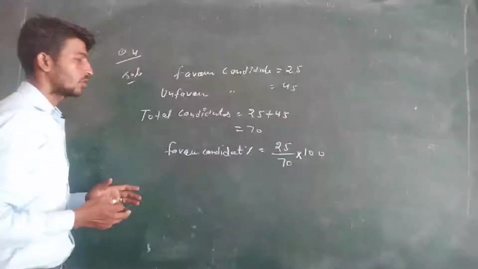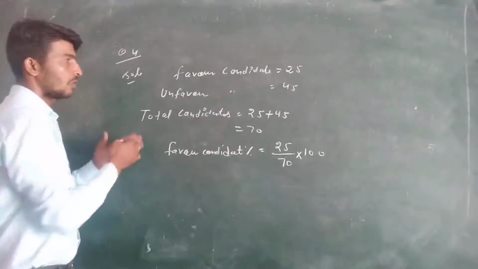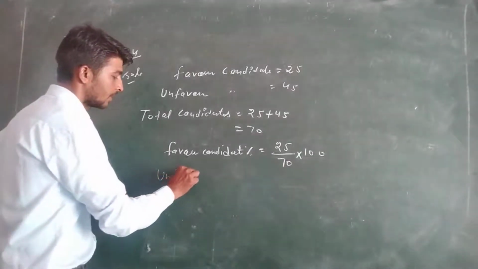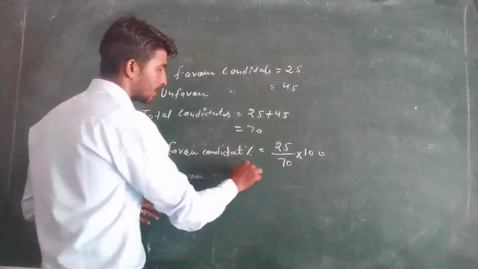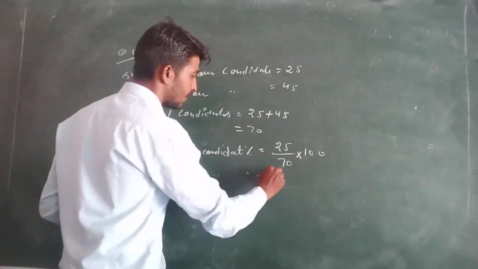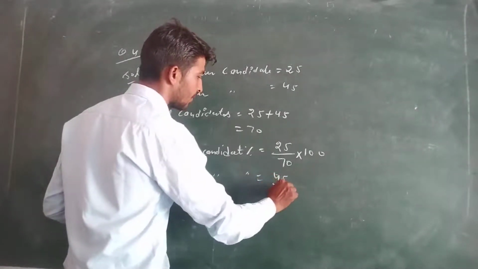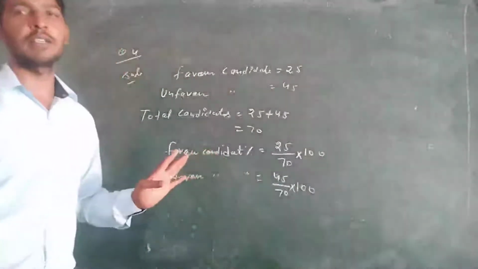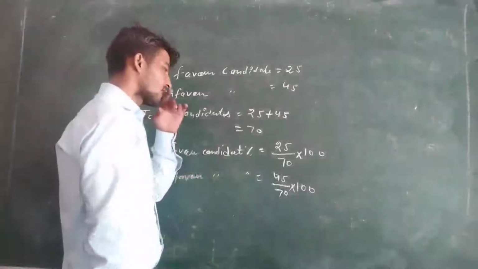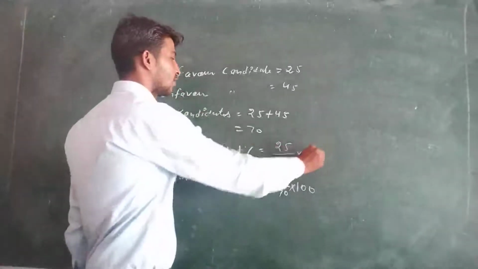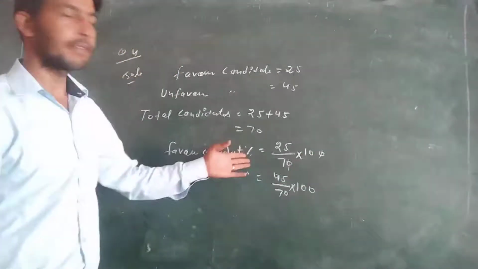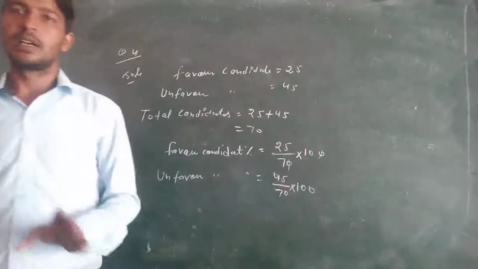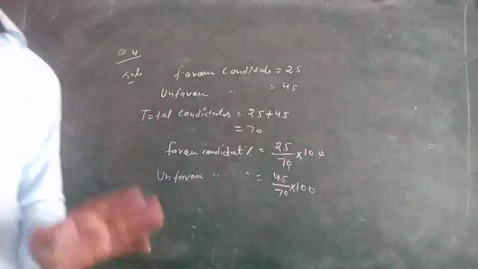But if in the question he asks the unfavor candidate percentage, very simple, 45 upon 70 into 100. Then this situation you will face. Okay, so now the calculation is so easy, you can find it yourself. Write the answer in your notebook. I hope this question is completely understood.